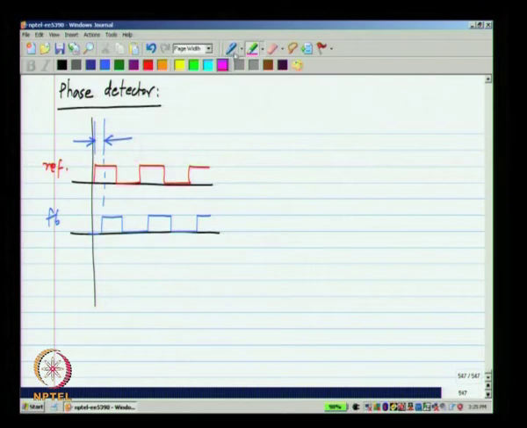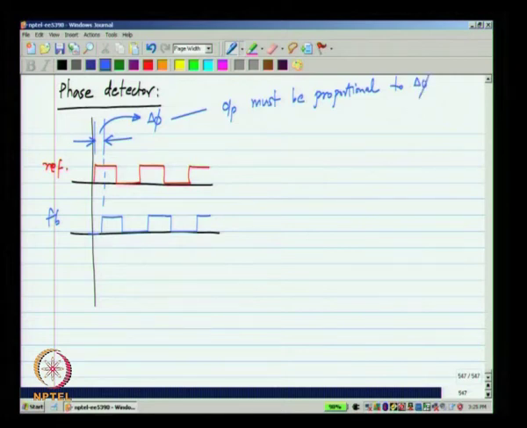We will work with rising edges for now, and this is delta phi, and the output is supposed to be proportional to delta phi. Okay.